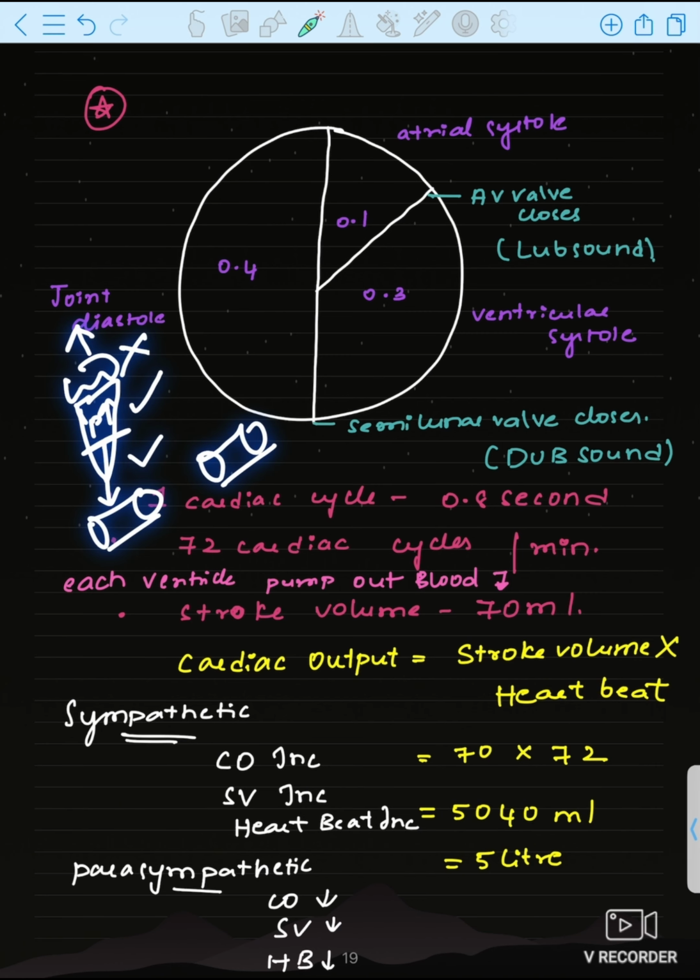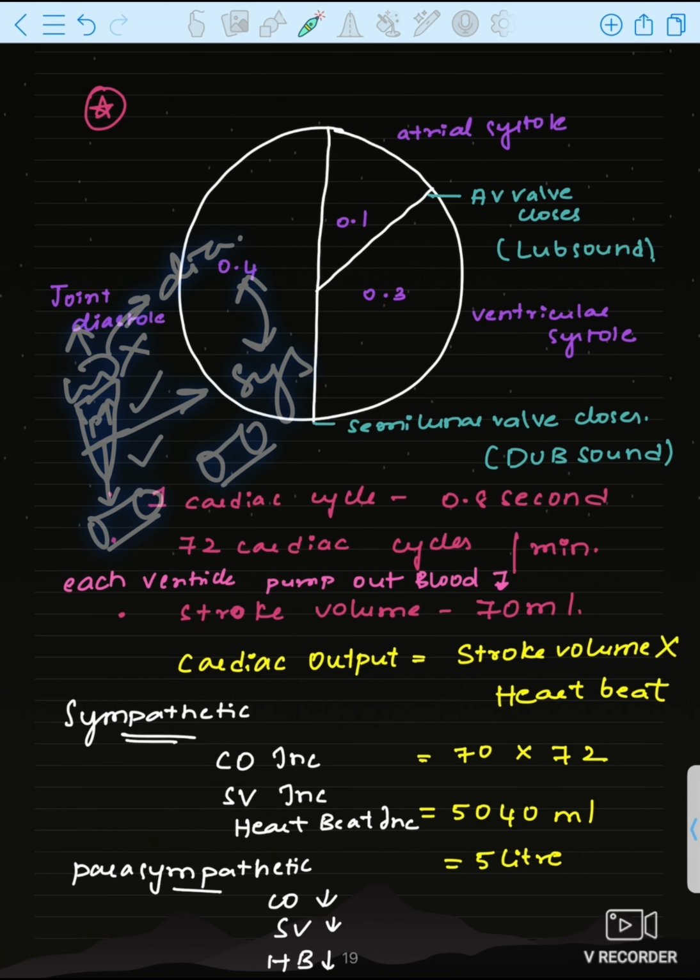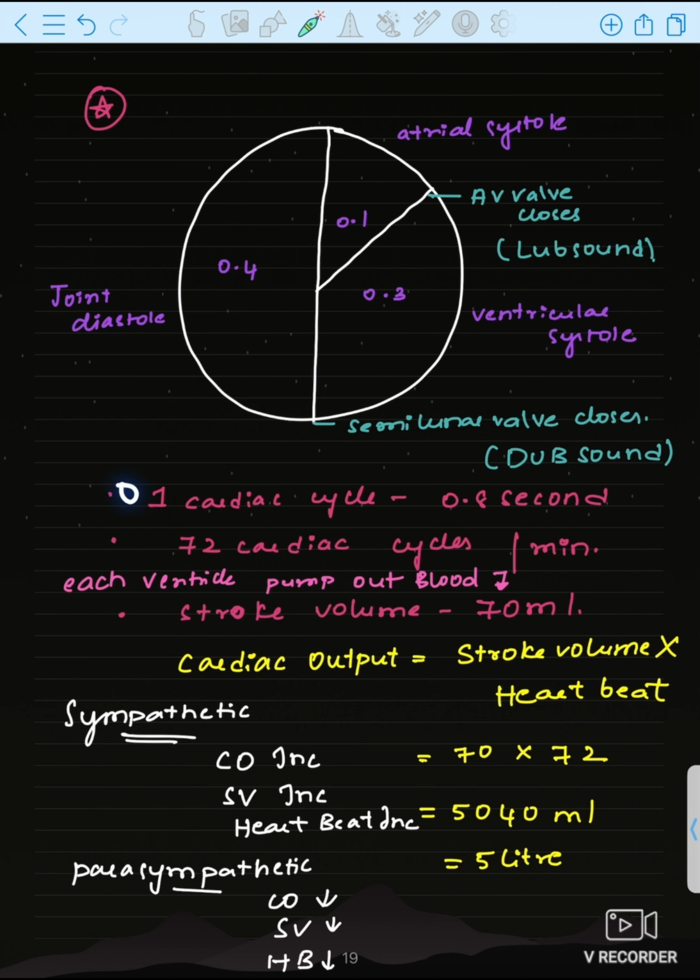Atrial diastole and ventricular systole will coincide. Now the blood has flown into the pulmonary artery and aorta.